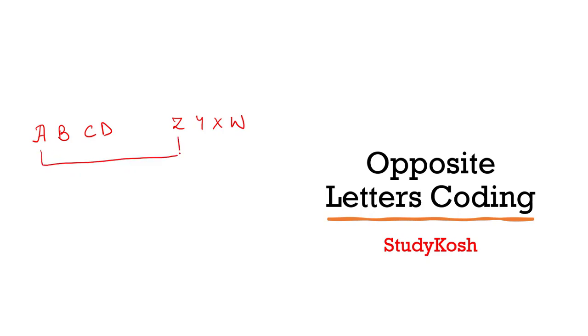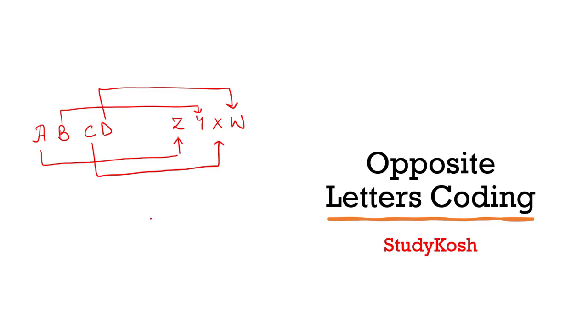Like here A and Z are opposite letters. Similarly B and Y are opposite. Then C and X are opposite, and D and W are opposite letters. So you can clearly find it out if you have learned the trick of opposite letters.